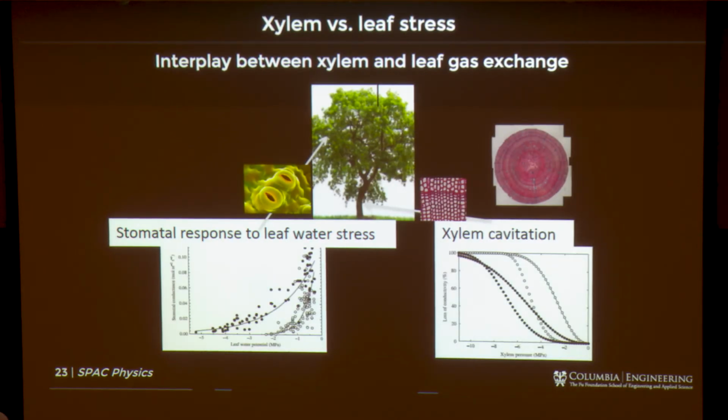OK, so now when we start thinking at a single tree or single plant level, we have that stress happening at the leaf level that we mentioned, and we have that xylem embolism or cavitation happening on the right-hand side. And we have those two competing stresses happening at the same time. In fact, there's an interplay between those two, as we discussed.